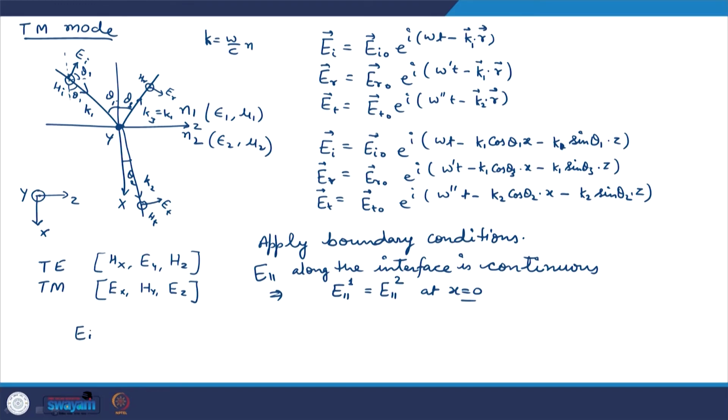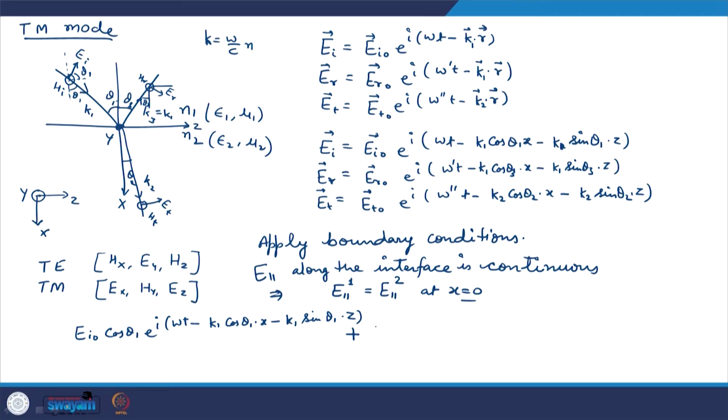E_I0 cosθ1 e^(i(ωt − k1 cosθ1 x − k1 sinθ1 z)) minus, because you have θ3 here. So, this will be θ3. So, this will be 90 minus θ3, and then you have θ3.